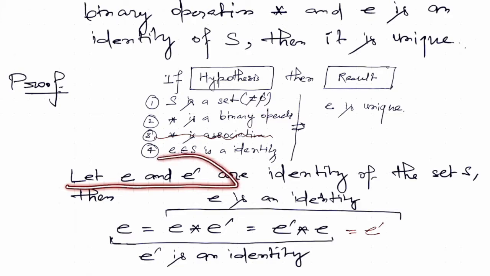Let E and E prime be the identity of the set S. Then we will apply the definition of the identity. Since E is an identity, we get E star E prime equals E prime star E equals E prime. Since E prime is also an identity, we get E. Using this we get E equal to E prime.